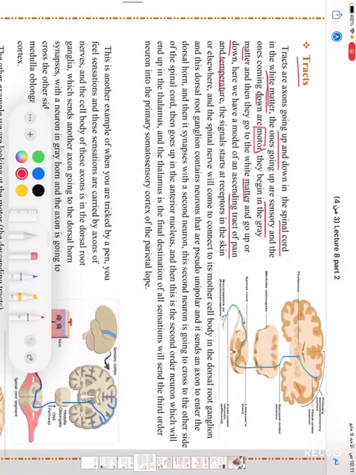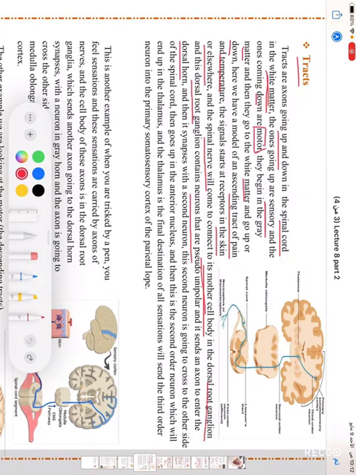The signals are sensed at the receptors in the skin or elsewhere. The spinal nerve will connect to the mother cell body in the dorsal root ganglion. The dorsal root ganglion contains neurons that are pseudo-unipolar, and they send their axons to the dorsal horn.